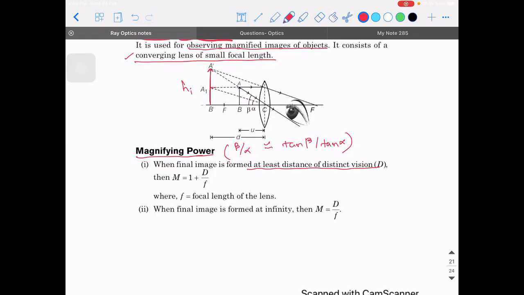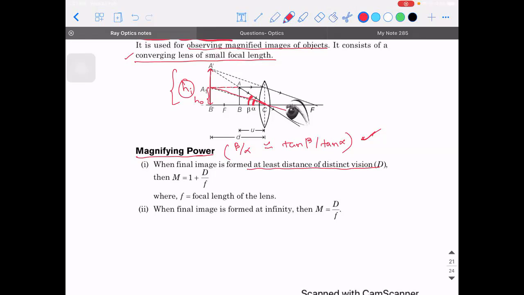From here, if you drop a perpendicular, this will be the height of the object and this whole thing will be the height of the image. If you take the height of the object directly towards the eye, the angle subtended by it is alpha. Similarly, the angle subtended by the image at the eye is beta. The ratio of the angle subtended by the image at the eye to the angle subtended by the object at the eye is the magnifying power. So have this point in your mind.